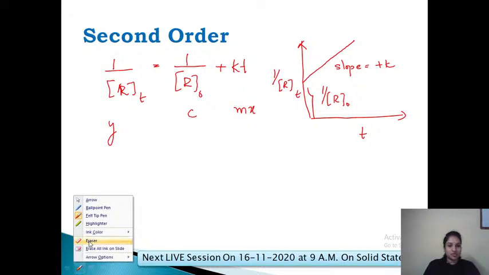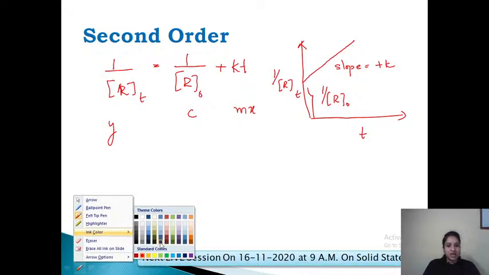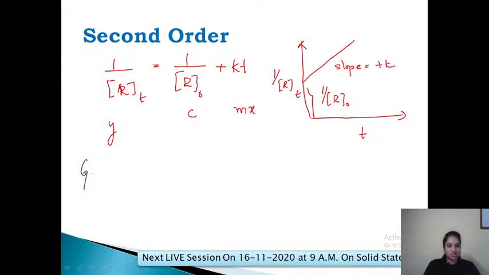Now, we cannot remember the rate equation for every order reaction. It's not possible for us to remember this for every order. Then how can we do it? This can be generalized, and we can have a general equation.